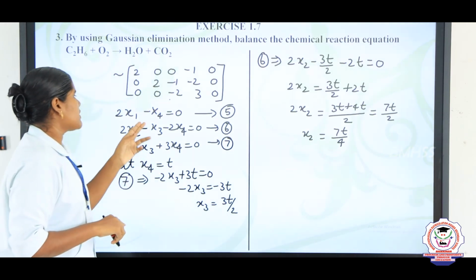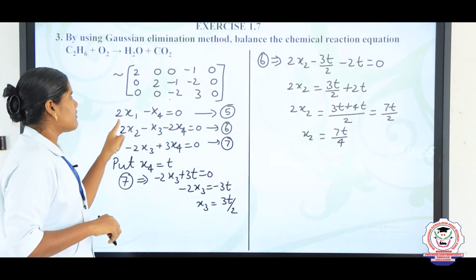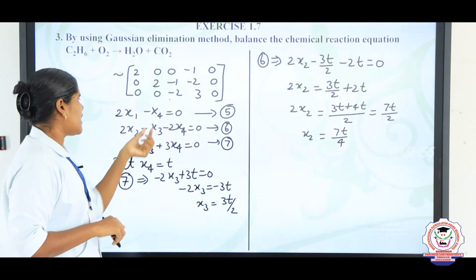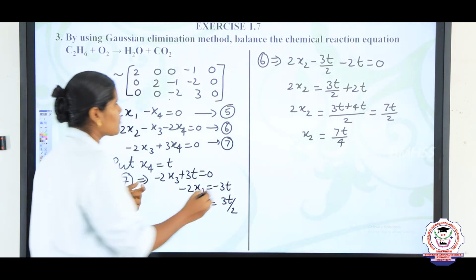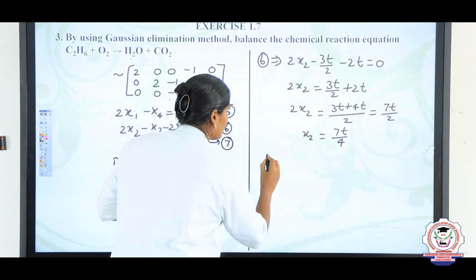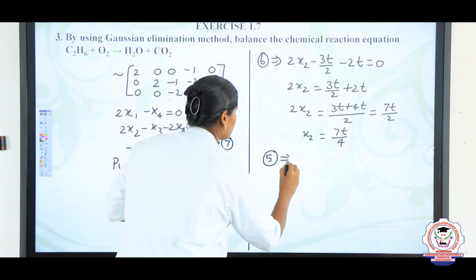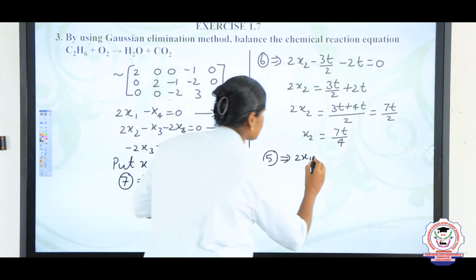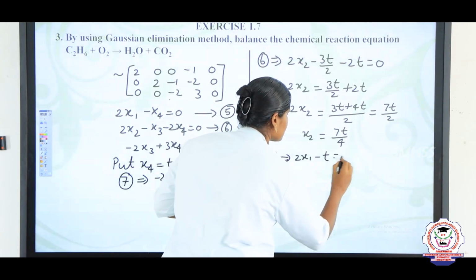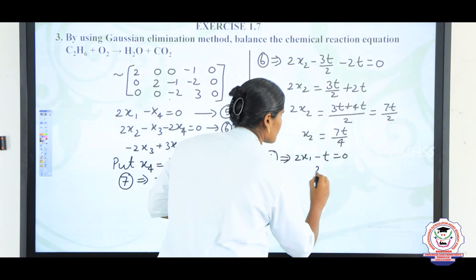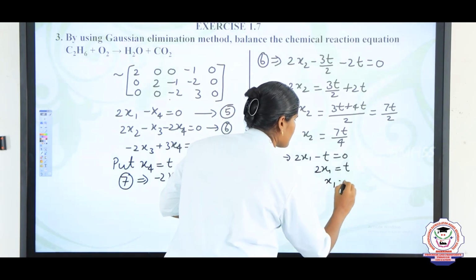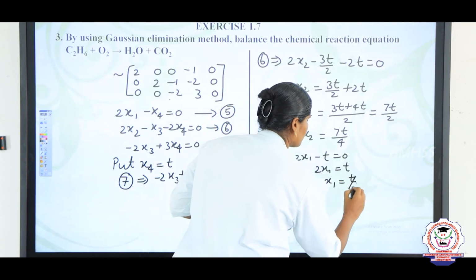And from equation 5, what's the equation 5? That is 2x1 minus x4. Already we know the value of x4, that is t. So from 5, 2x1 minus x4 value is t which is equal to 0. So 2x1 is equal to t, x1 is equal to t by 2.